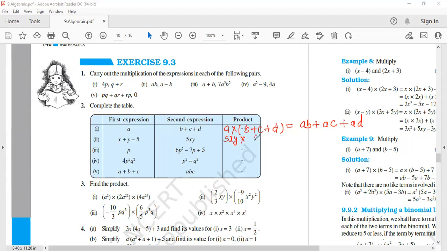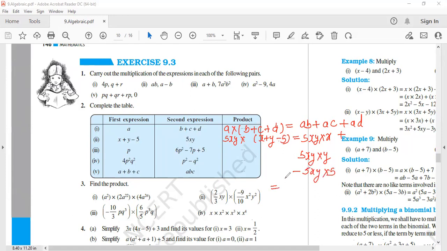And for the second part, 5xy is multiplied with x plus y minus 5. Now look, x is there, x is there, so x square y I'm writing directly. Try to understand, otherwise you will do one more step here: 5xy into x, and plus sign, 5xy into y.